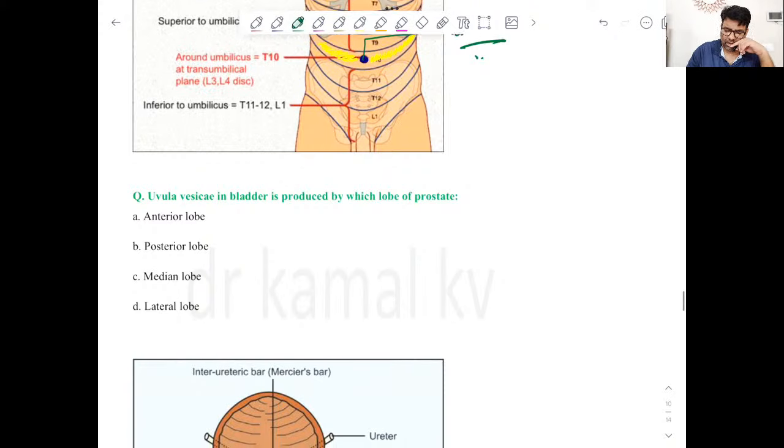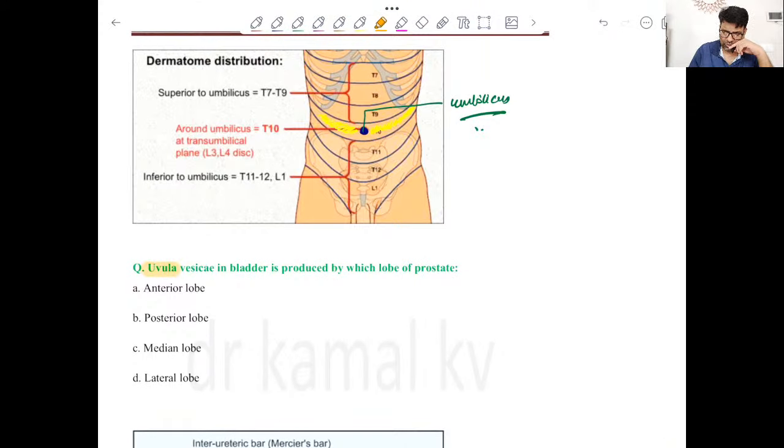Now in urinary bladder there is a prominence that is known as uvula vesicae. Whenever you find the word vesicae, this is actually urinary bladder. So there is a prominence in the urinary bladder, which is because of one lobe of prostate, and that is actually the median lobe.